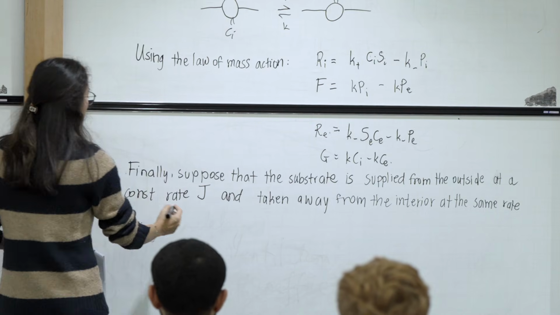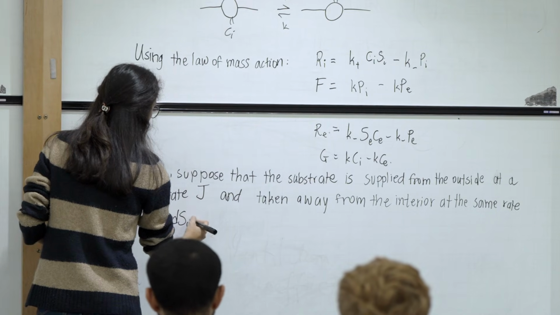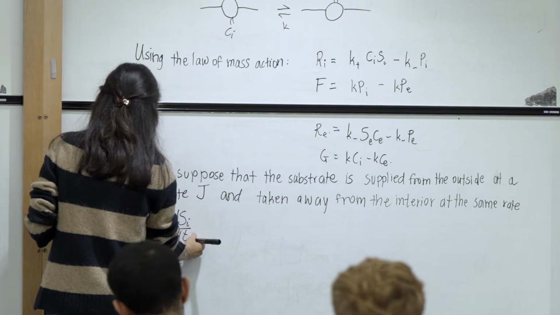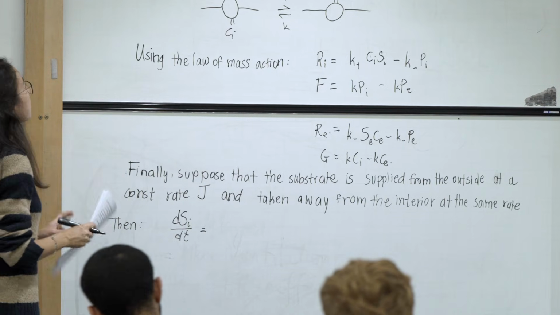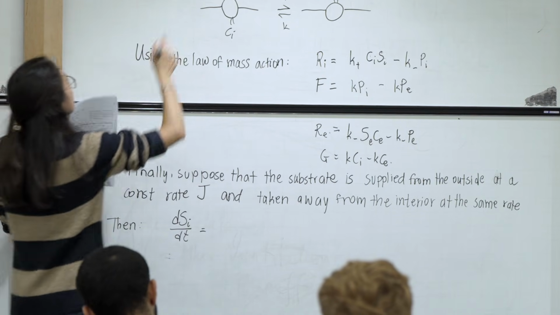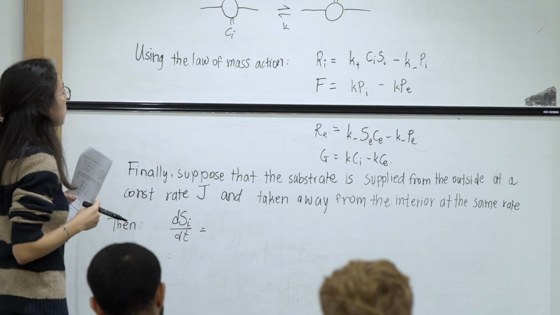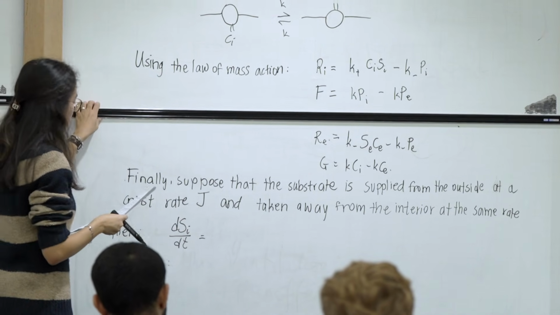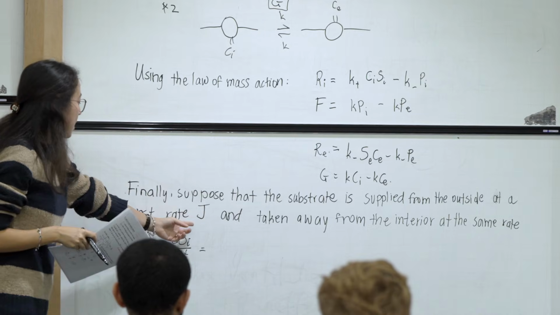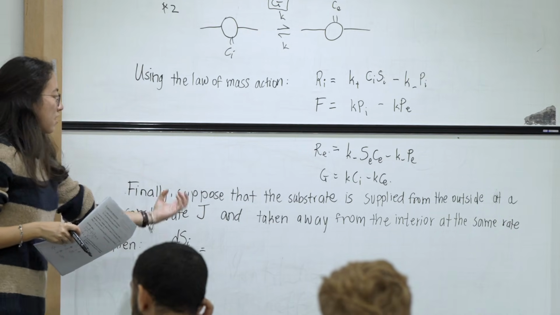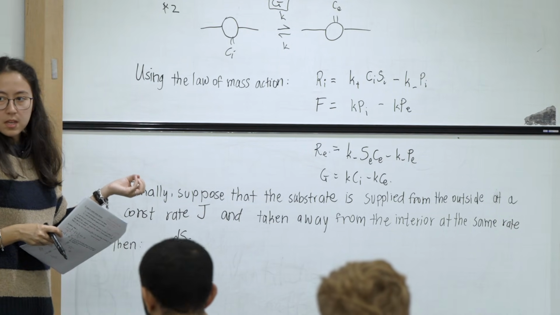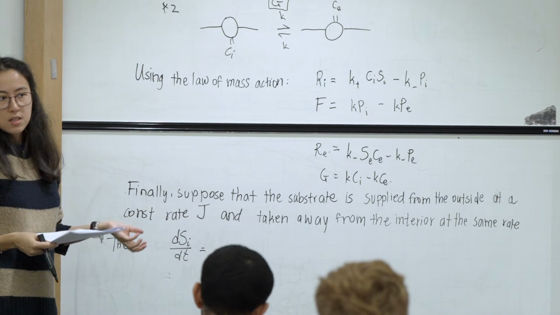So the first one that I want is dSI/dt. This will tell me how the rate of change of the substrate I is dependent on the other components. So I told you that I have a constant rate that you're taking away the substrate from the interior with J, right? So I should write minus J there.